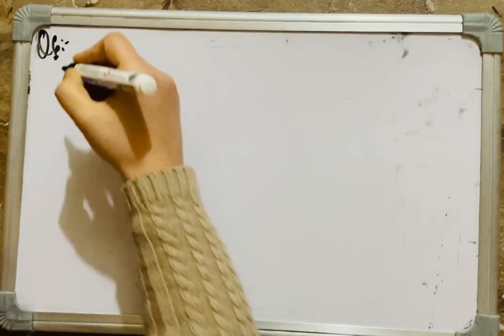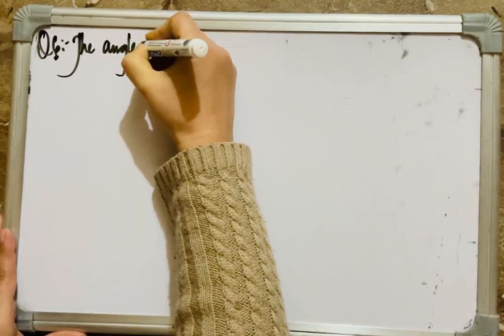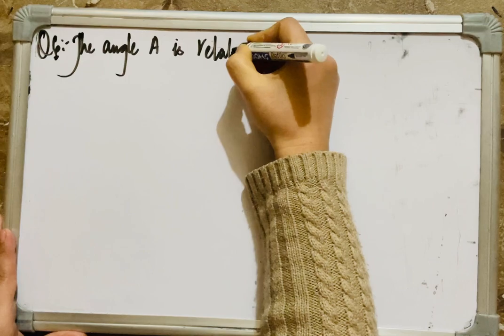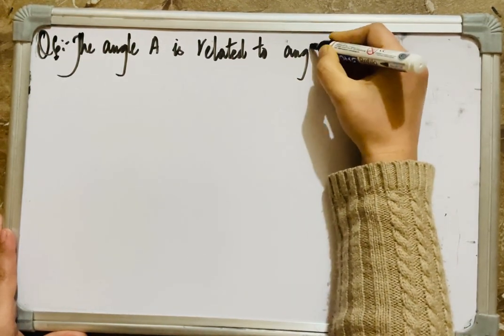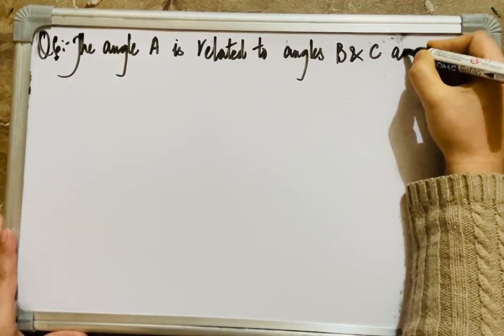So question number 6 is: the angle A is related to angles B and C as under.